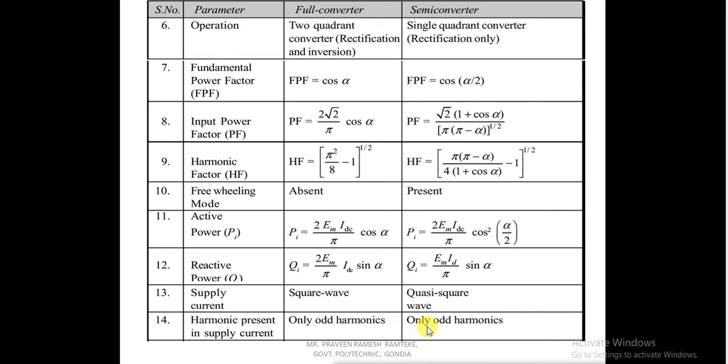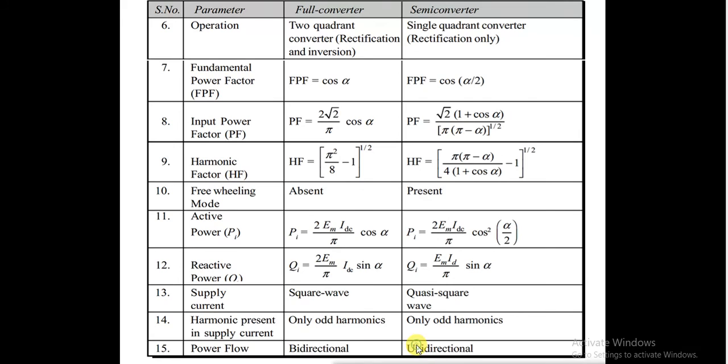Depending upon the availability of single phase or three phase, and the output required, we will use full converters or semi converters. Obviously full converters are more advantageous because the output power is more, and we get both rectification mode and inversion mode in full converters, but in semi converters there is only rectification mode.